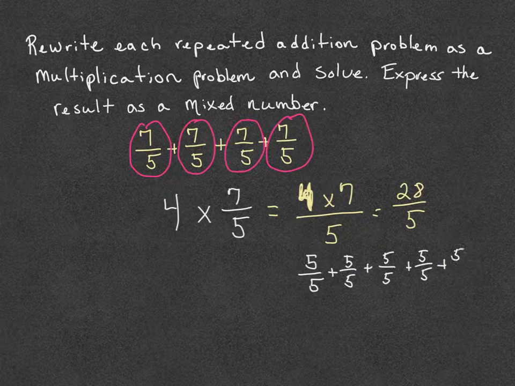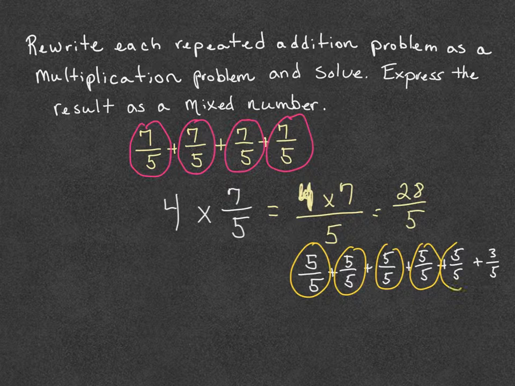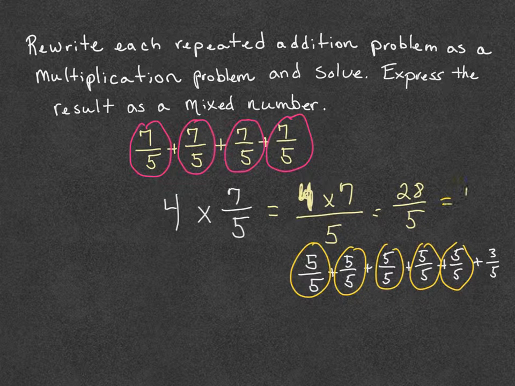I can do one more, which would give me 25/5. And I've got 3/5 left over. So how many wholes do I have? I have 1, 2, 3, 4, 5 wholes and 3/5 left over. So 28/5 is equal to 5 3/5.